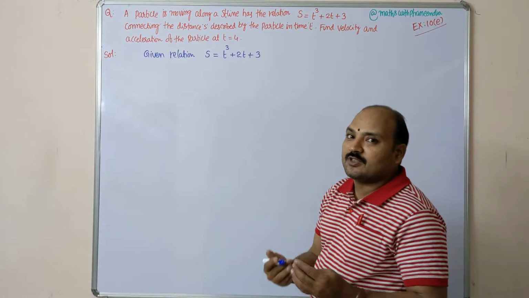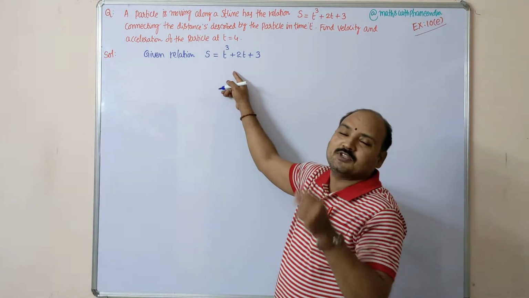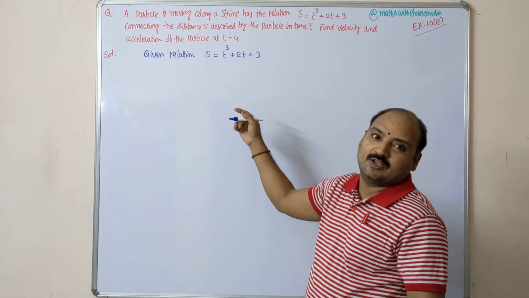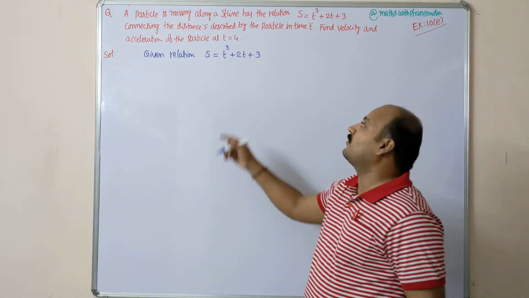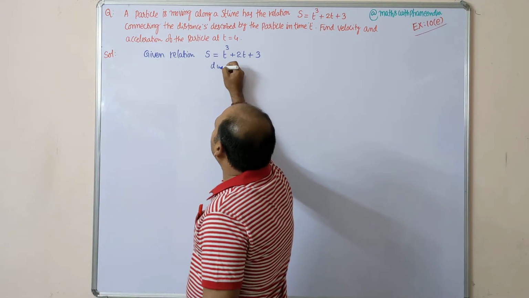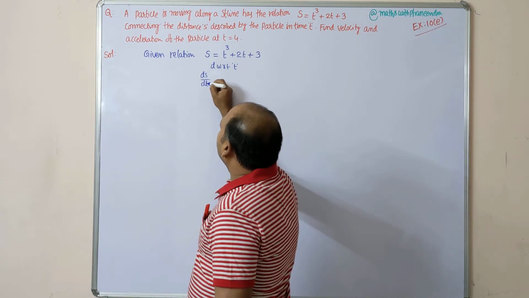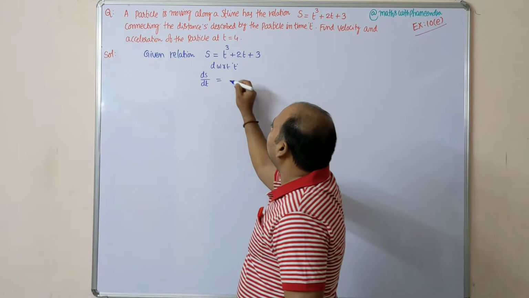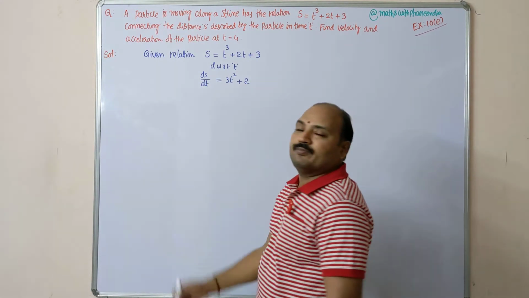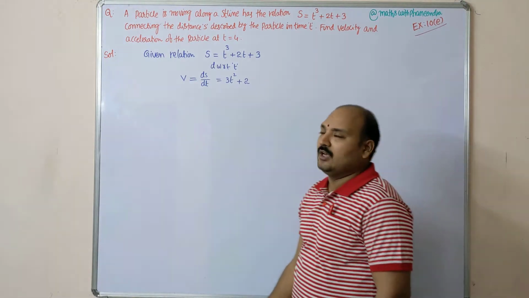If you differentiate with respect to t first time, you will get the rate of change of displacement, it is called velocity. Once again, if you differentiate, you will get the rate of change of velocity, called acceleration. So differentiate with respect to t. So ds by dt is equal to d by dt of t cube, 3t square, plus d by dt of 2t is 2. So ds by dt is called velocity of the particle.